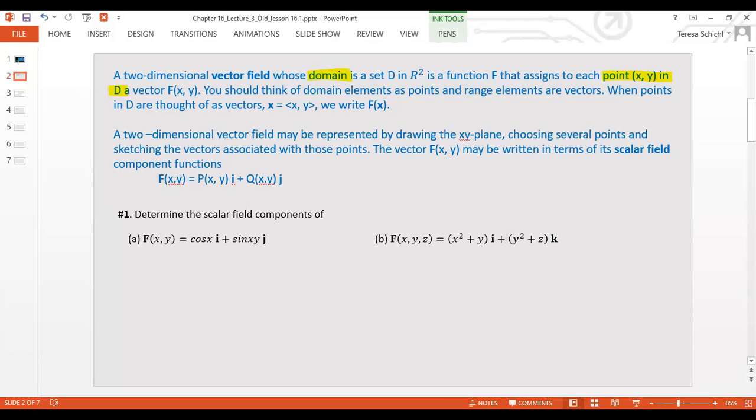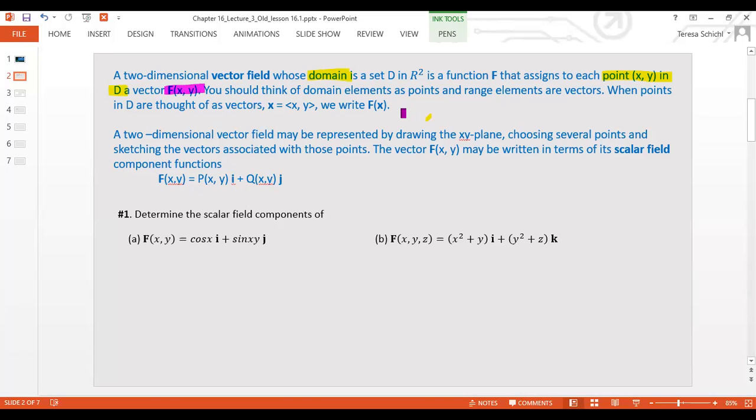So for the set D in R2, the function f assigns to each point a vector.